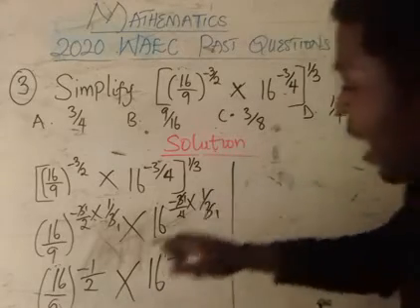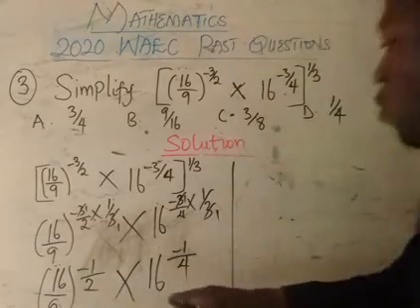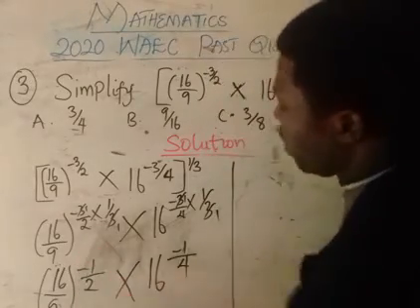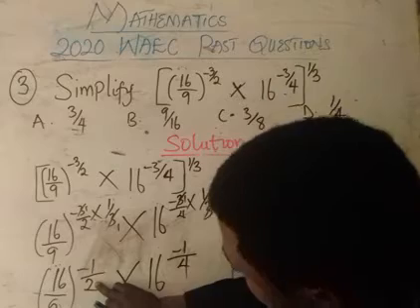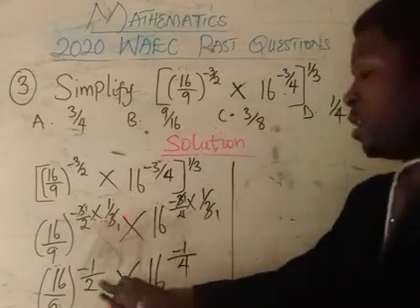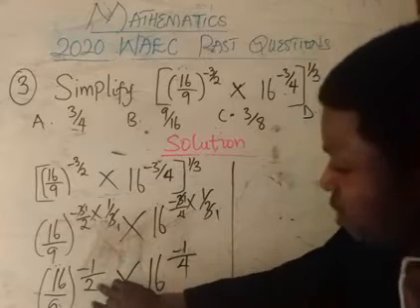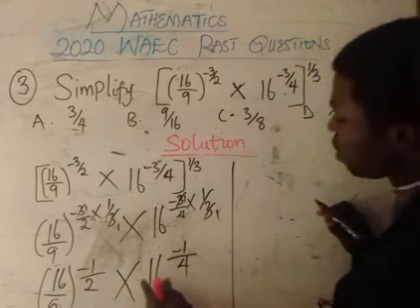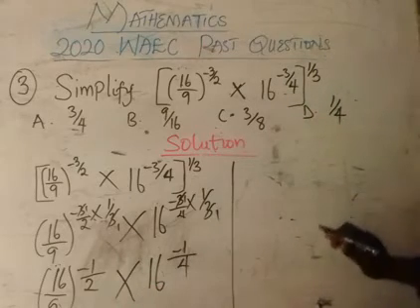Now, anytime, any day, we have a number raised to the power of a fraction, you look at what we have as the denominator of this fraction. Since it is over 2, we take the square root. Like this one is over 4, we are going to take the fourth root of this number.